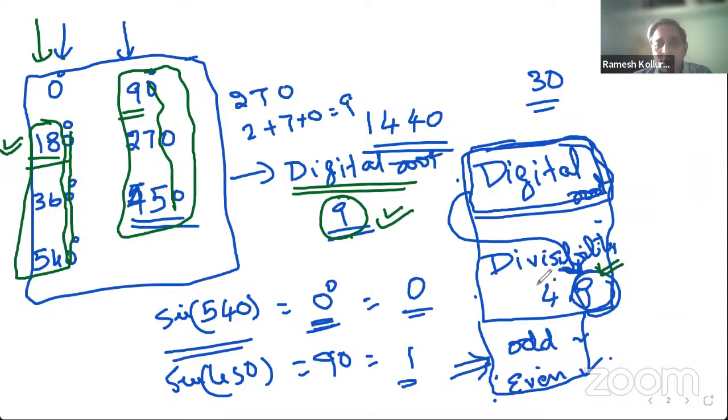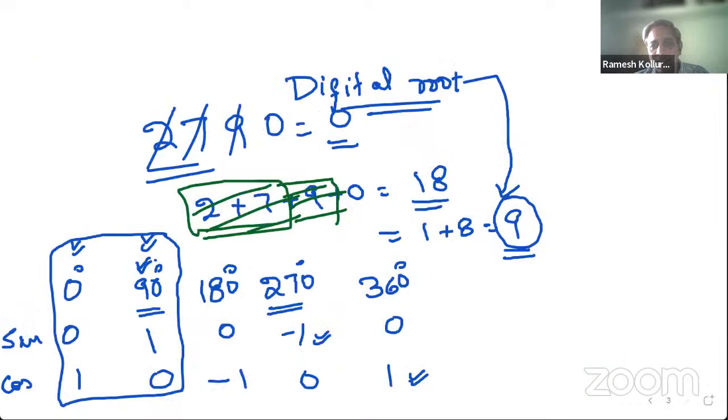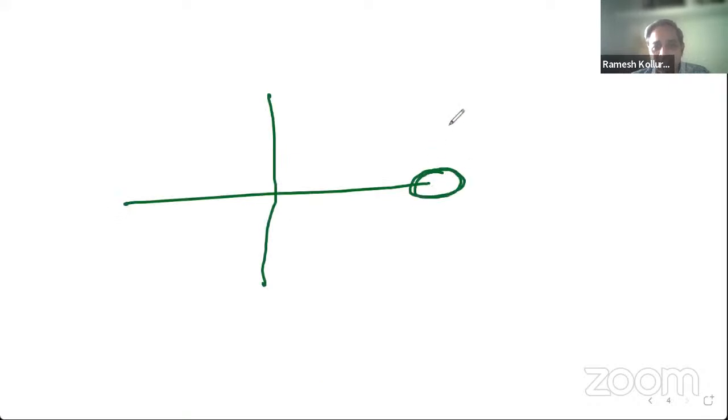Now, we are using divisibility by 4. After confirming divisibility by 9 or the digital root, if it is odd it is here, and if even it is here, correct? Even means on this x-axis.